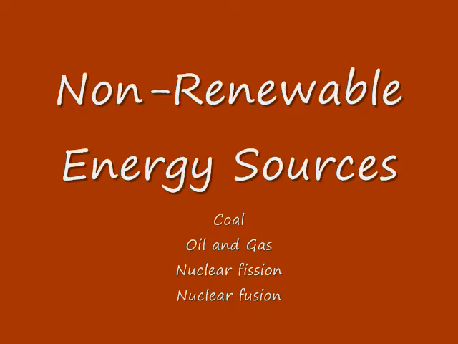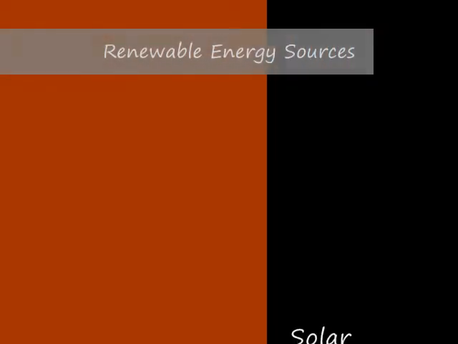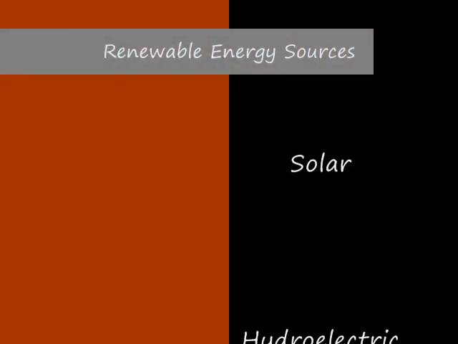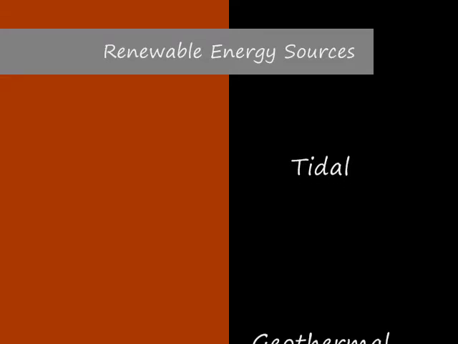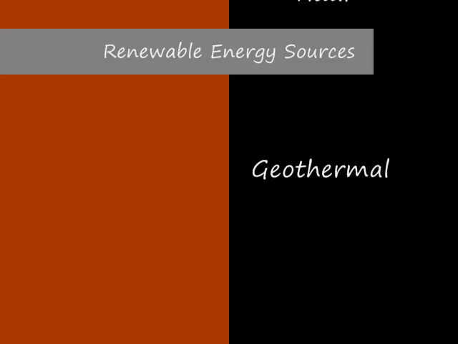Now many of these sources are what are referred to as fuels, and that is that once they are gone, they're gone. Our renewable energy sources include solar, hydroelectric, wind power, wave power, tidal power, or energy directly from the earth called geothermal power.